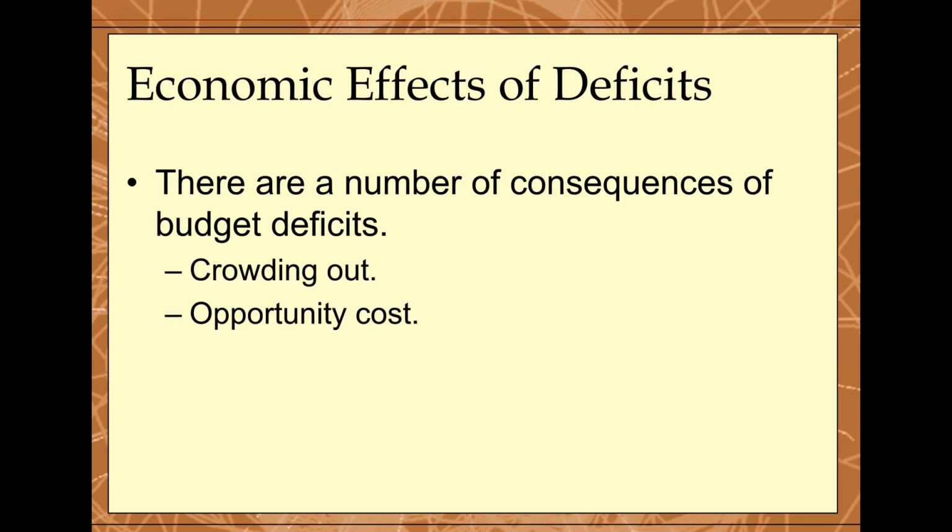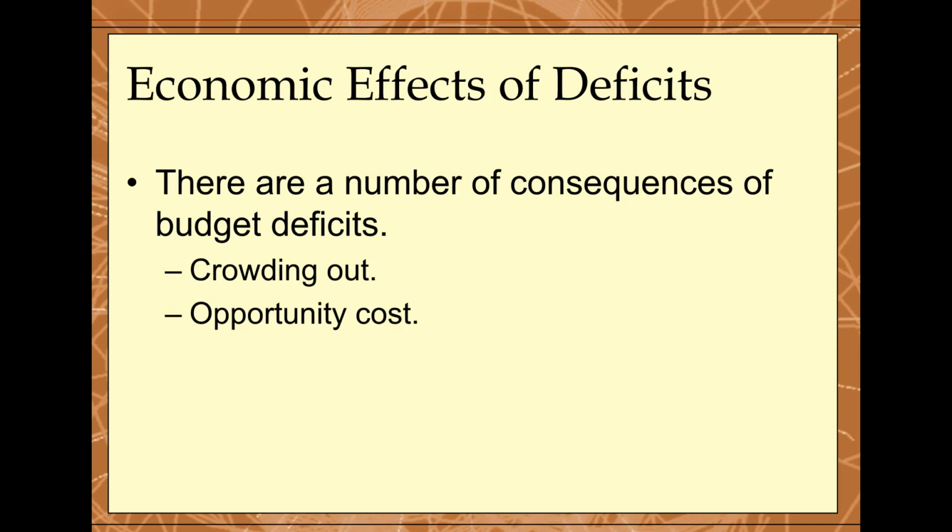Now, this leads to what we call opportunity cost. An opportunity cost is simply what you have to give up to get something else. So when the government makes a decision to borrow more, it has to give up something, and that something could be future private sector borrowing.